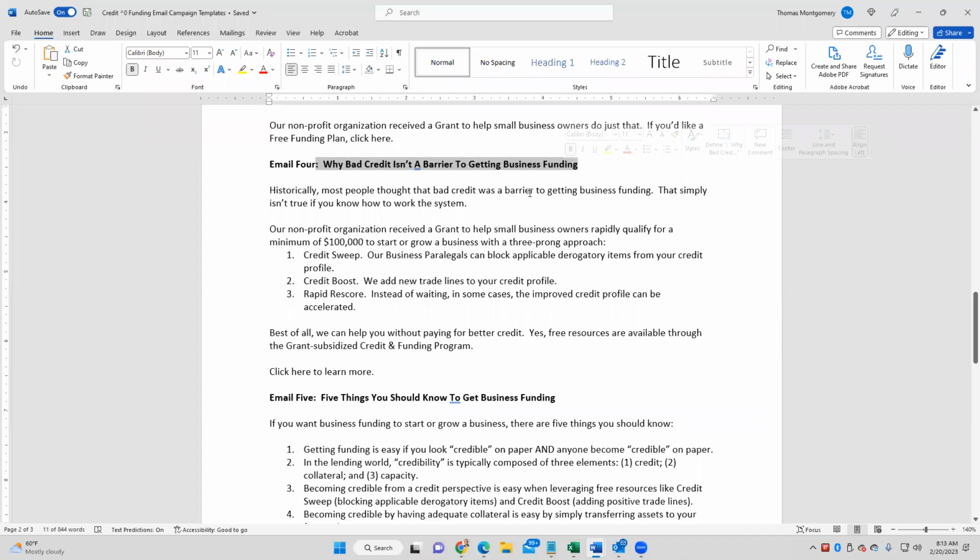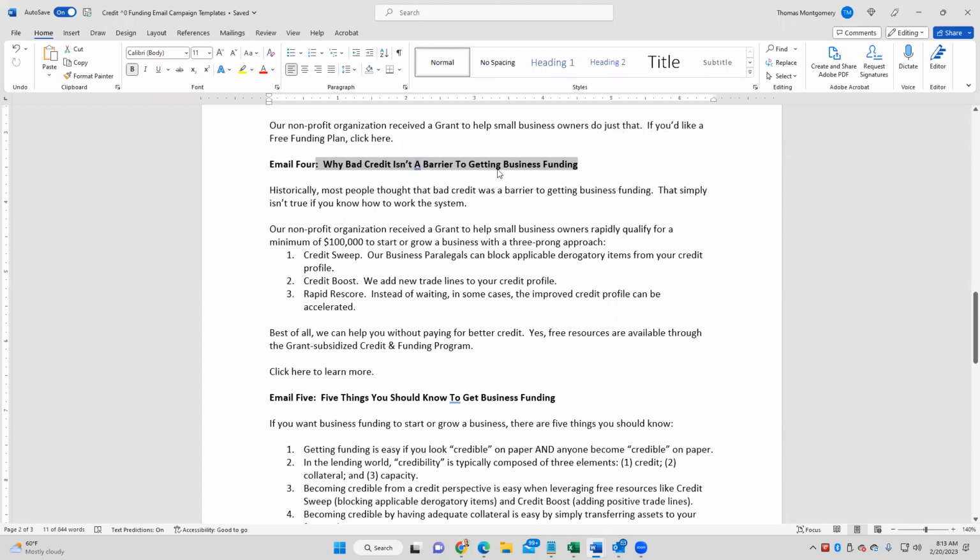It's true, and we do it for free through the credit and funding program. Same with capacity. The average person doesn't know what capacity is, or that it's an issue. They're just thinking credit. So while we're addressing all 3 C's, which is what's necessary to be fundable, you'll commonly see credit is the conversation starter.